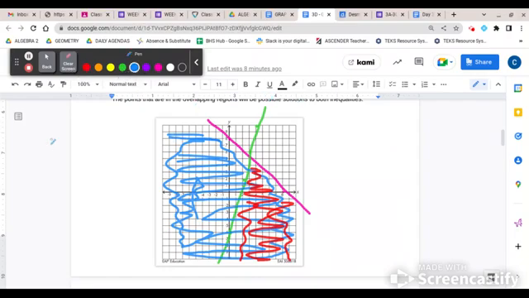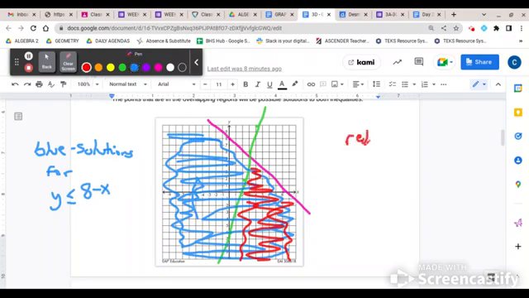So just to color code this, the blue are all the solutions for y being less than or equal to 8 minus x.